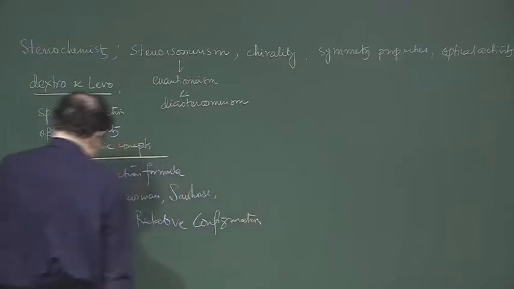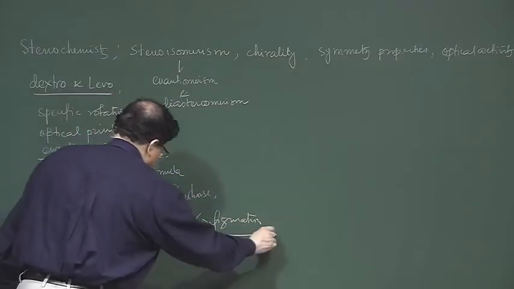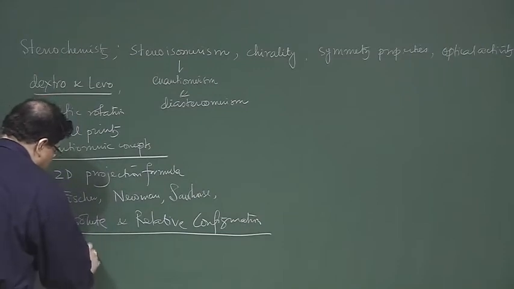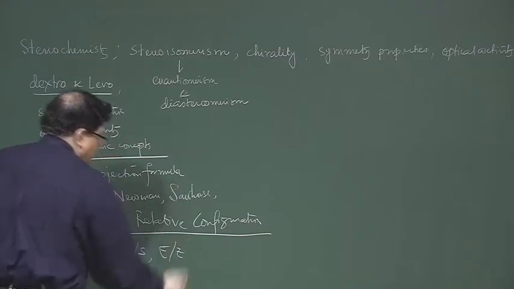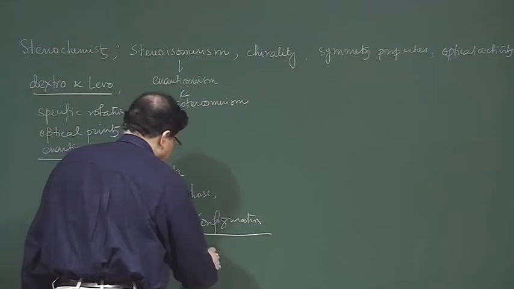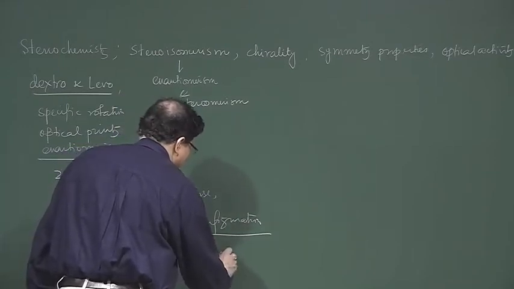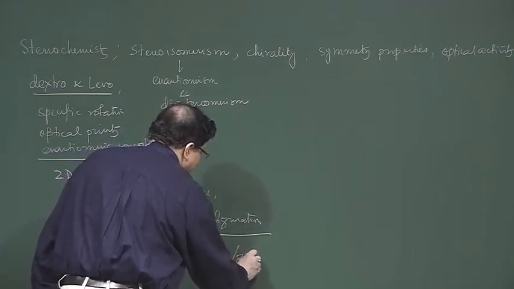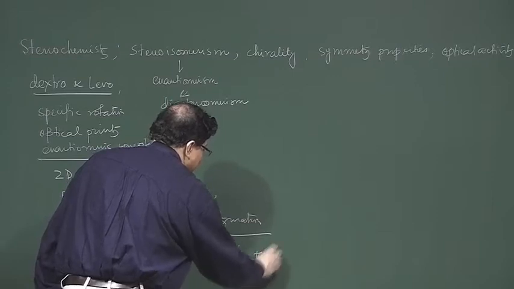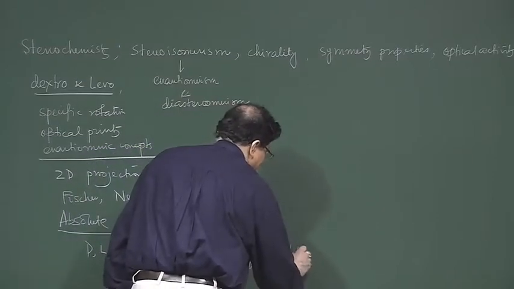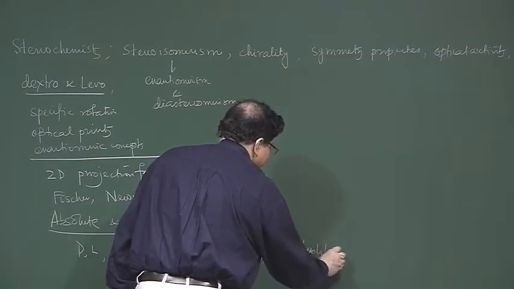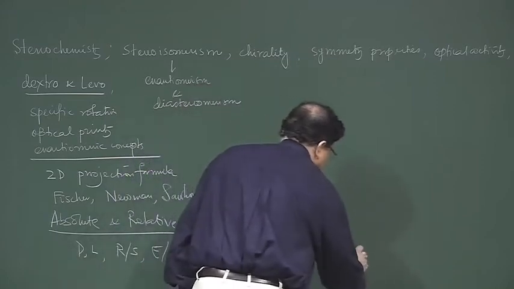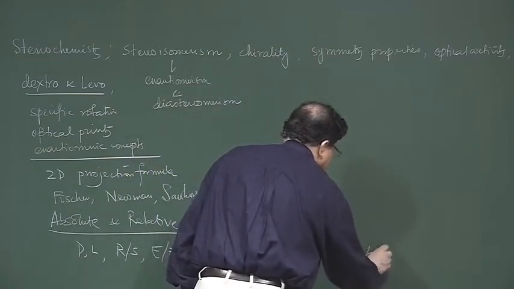Absolute and relative configuration. Here we have done for absolute DL, then RS and EZ. Okay. For relative we have done threo, erythro, then like, unlike, and we have also done syn, anti.